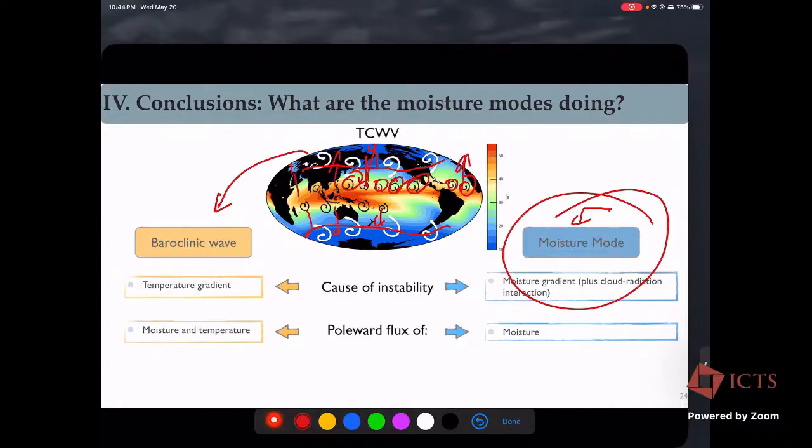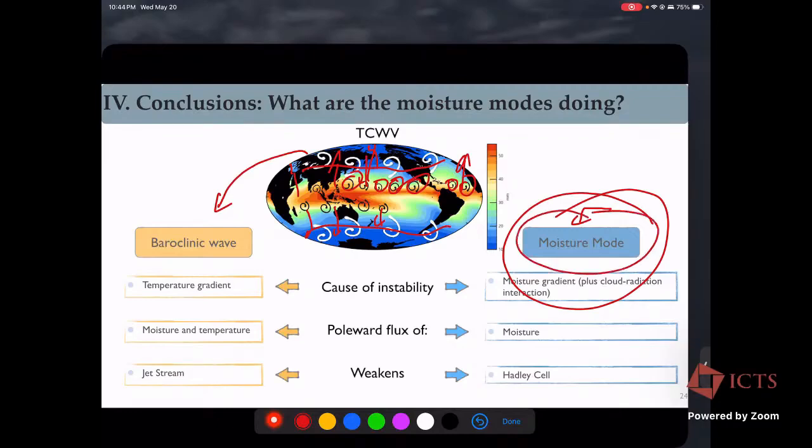And this is perhaps the main role of these disturbances. As I mentioned at the beginning, the baroclinic wave disturbances weaken the jet stream, and the same happens with our moisture mode. The moisture mode weakens the Hadley cell, and if you're analyzing the Madden-Julian oscillation, it also weakens the Walker circulation.